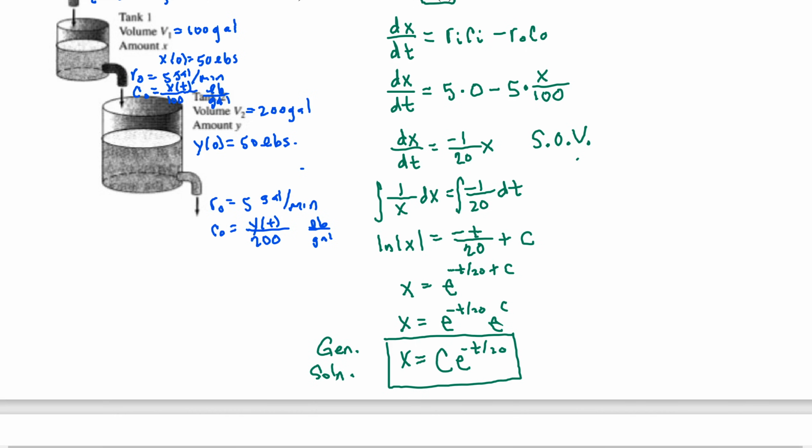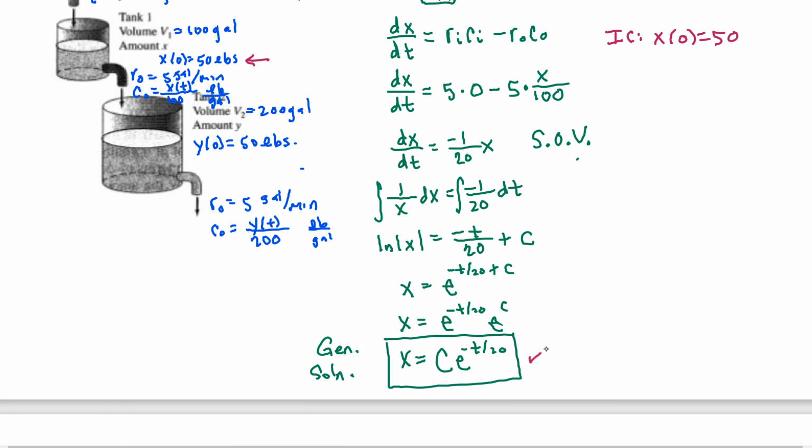Now we can go from general solution to particular solution if we apply an initial condition. So recall, we're told from the information given that the amount of salt in tank 1 at time 0 is 50 pounds.